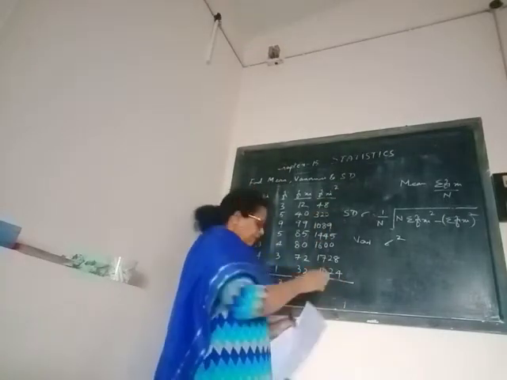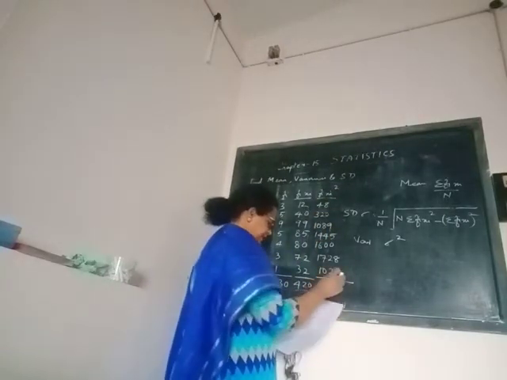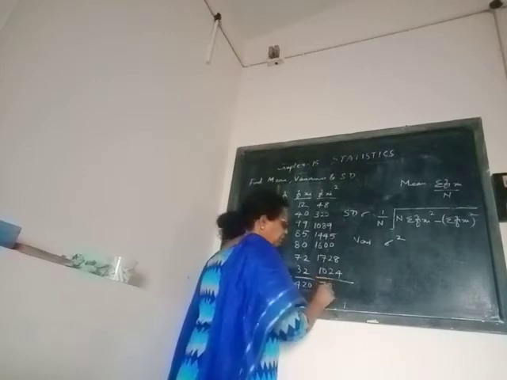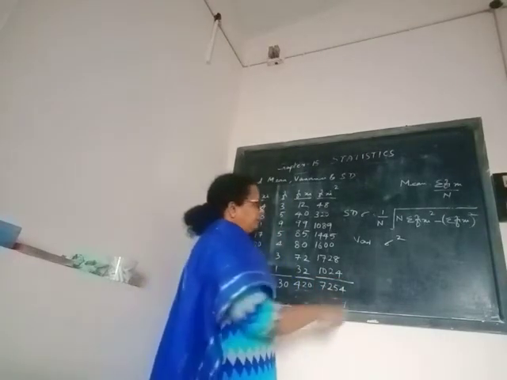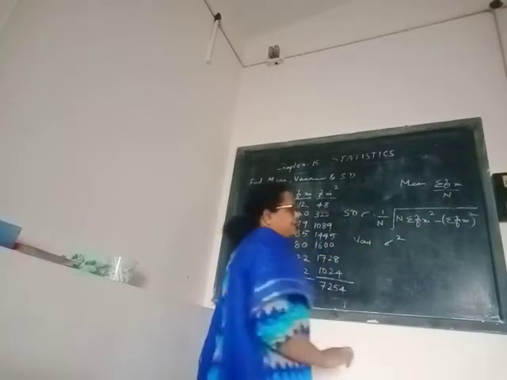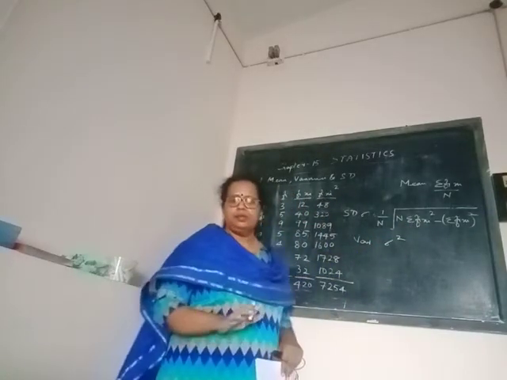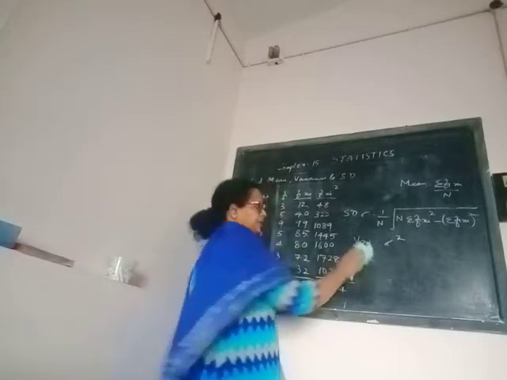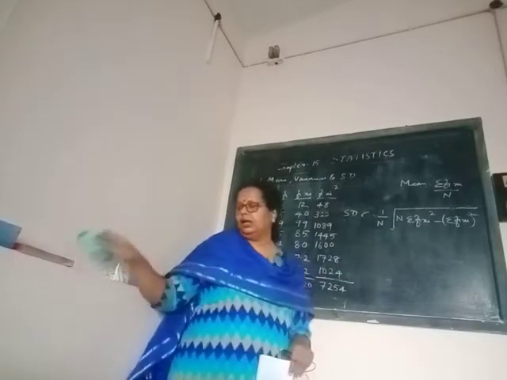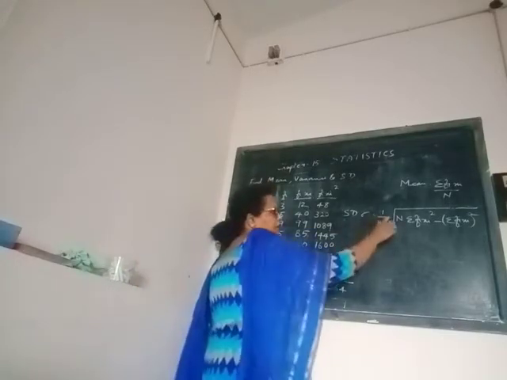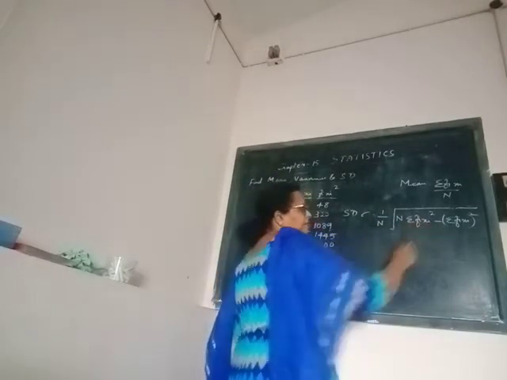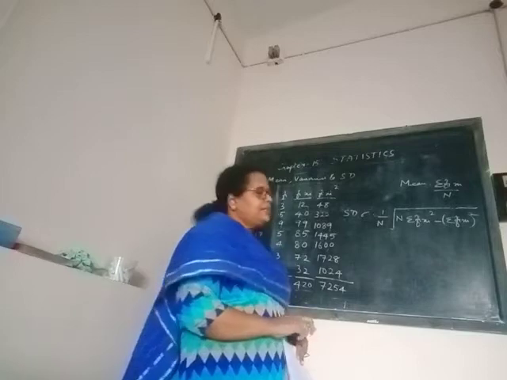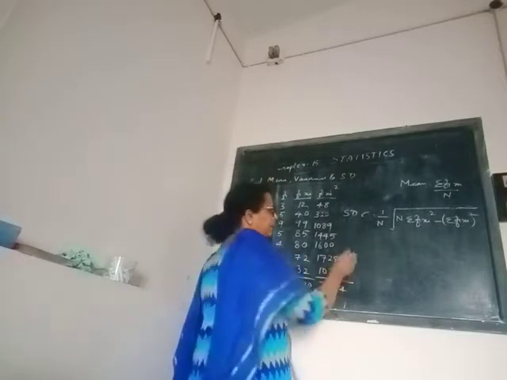Add this column. When we add that column, we will get 7254. Okay, so we got sigma fi xi squared. Only this much table values we need for this calculation. Now let us write the formula. Standard deviation sigma equals 1 by n root of n sigma fi xi squared minus sigma fi xi whole squared.